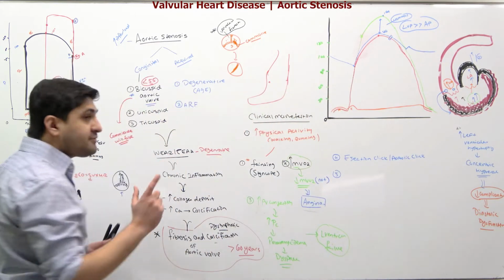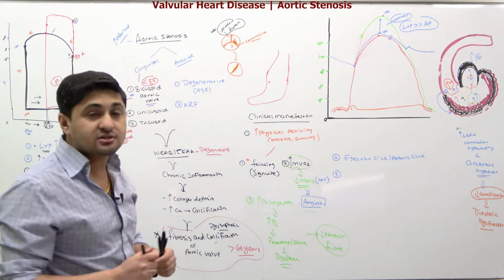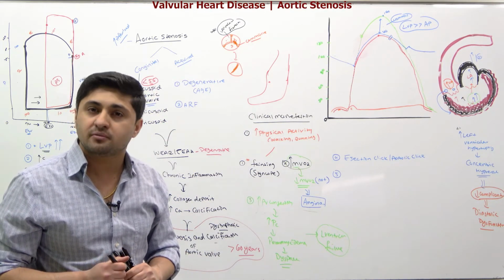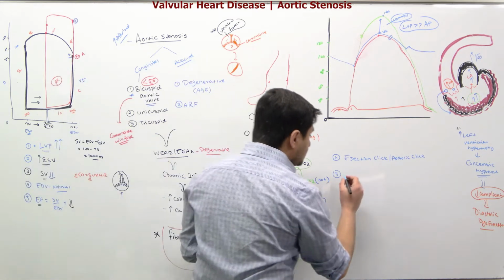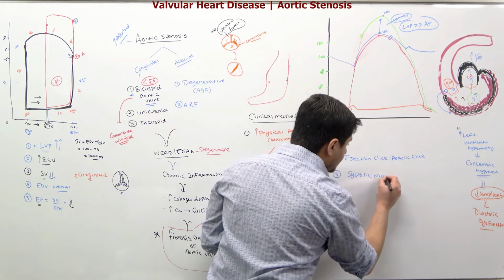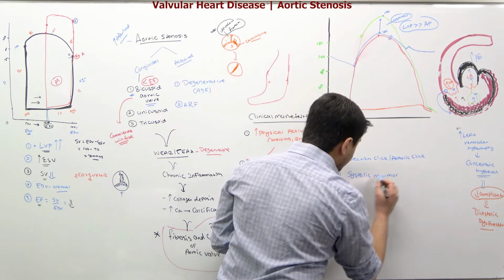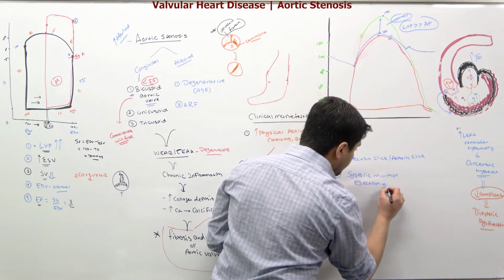Remember, in a previous class, the intro to valvular disease, I said aortic stenosis is a systolic murmur. It is an ejection murmur. We call it an ejection murmur.